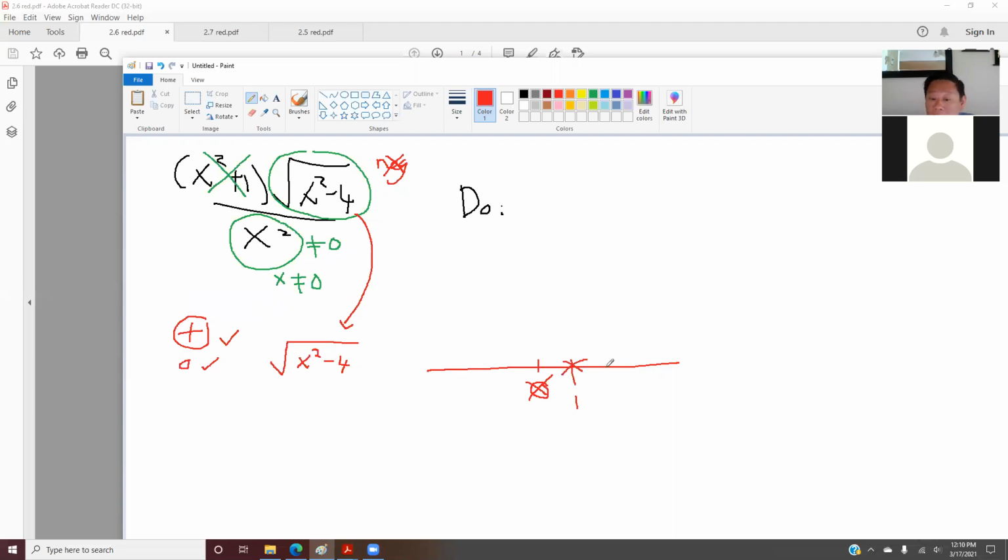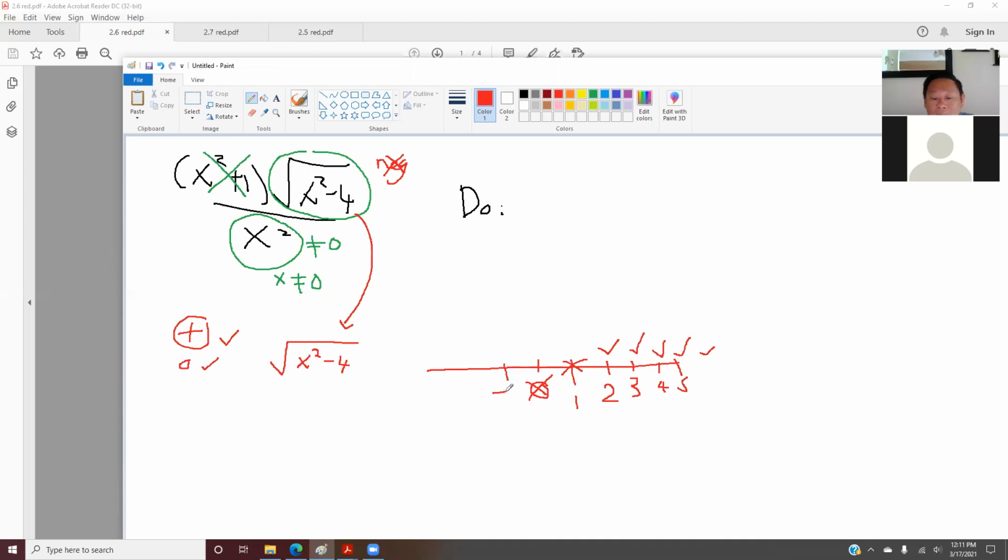Also no good. 2? 0. 0 is good. 3? 9 minus 4 is 5. So it's positive, right? Yep. So as long as it's 0 or positive, it's good. If you go on and find 4, 5, 6, they're all good, because that will make it positive.